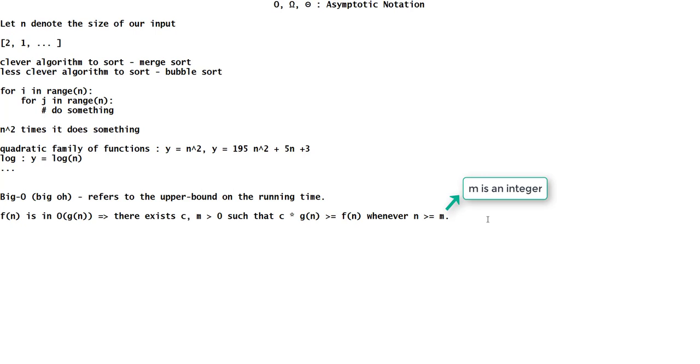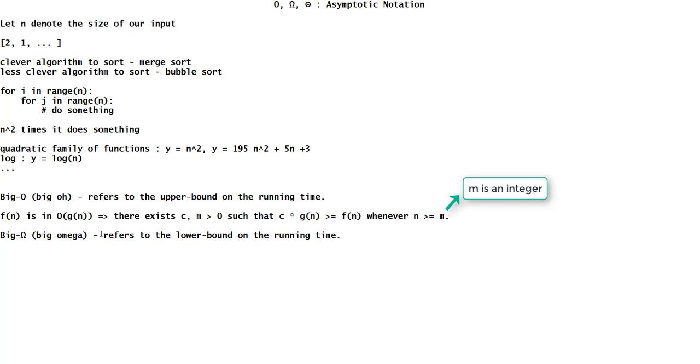So we saw that this is describing the asymptotic behavior for this upper bound. We can similarly describe the asymptotic behavior for a lower bound using the big omega. So this omega symbol right here is what we're talking about. The big omega refers to the lower bound on the running time of our algorithm.